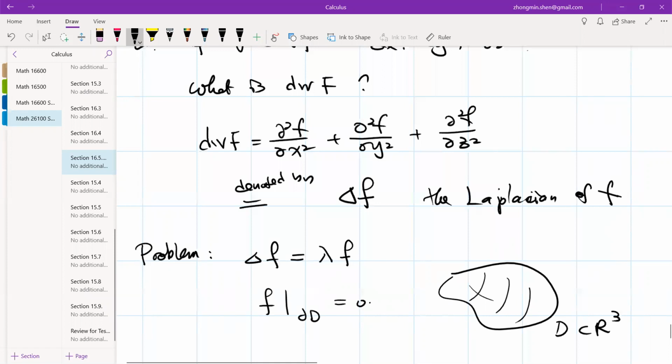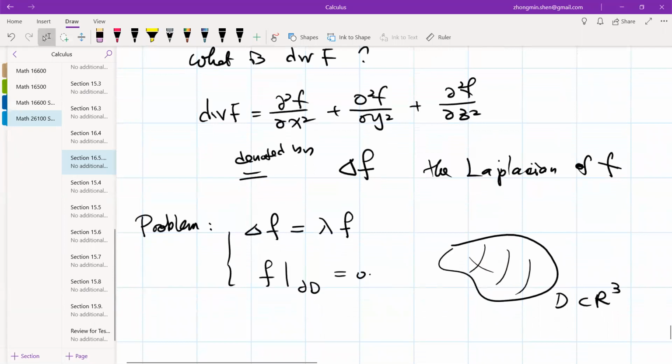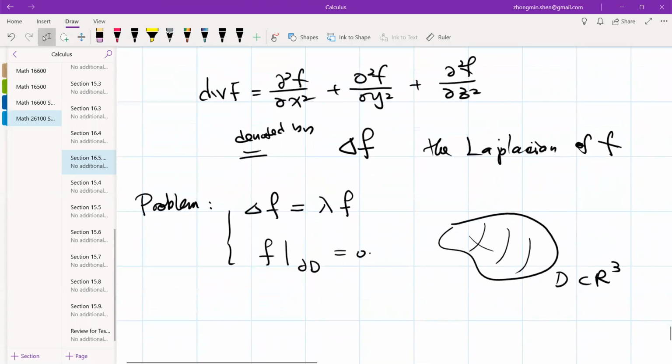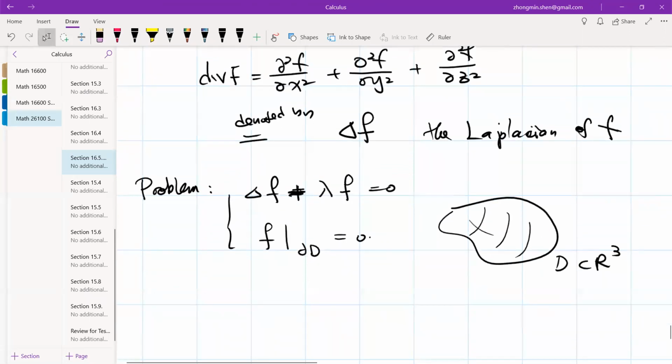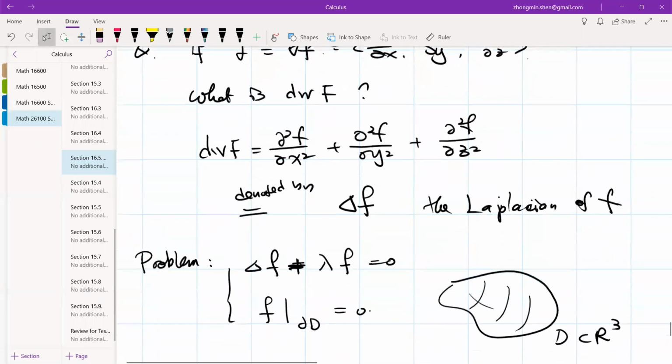If such a function exists, then the divergence of the gradient is lambda f. Of course, we are not going to study this type of equations. It's usually written in the form delta f plus lambda f equals 0, where lambda is a positive number. There are some functions indeed satisfying the equations, and one can construct them.